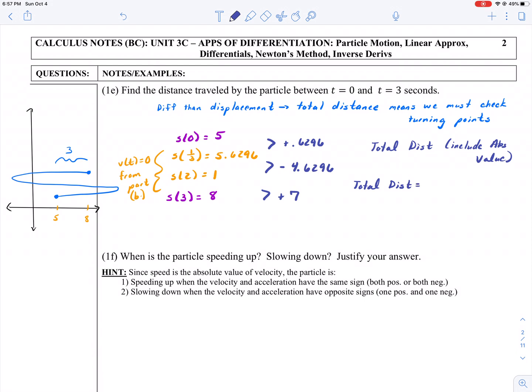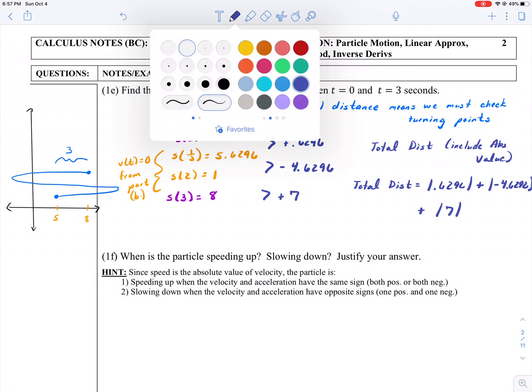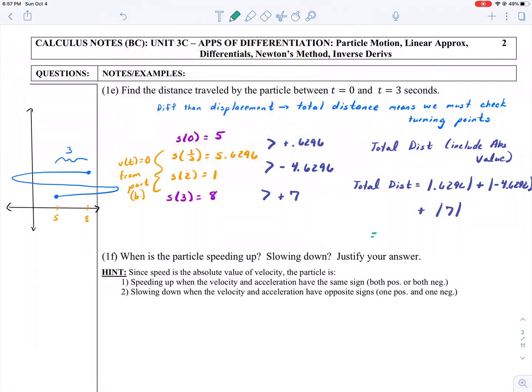So total distance equals the absolute value of 0.6296, plus the absolute value of negative 4.6296, because I'm going to treat that as positive, plus the 7. Obviously I didn't need absolute value signs for the first term or the 7, since they're already positive, but indicating that everything should be positive is very important to this process. So I'd like you to include that here, even though mathematically it's not going to change my answer.